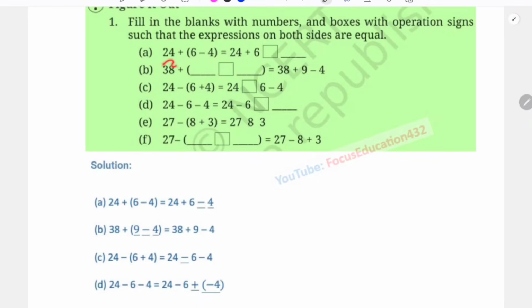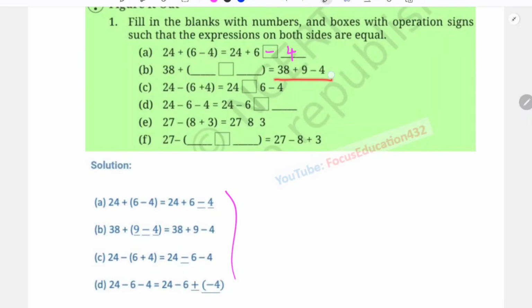So what is the first question? 24 plus 6 minus 4 is equal to, this is very easy, 24 plus 6 minus 4. Here I have given the solutions. And the next one, 38 plus blank, then you have to fill this 3.